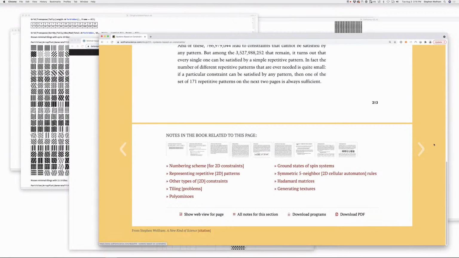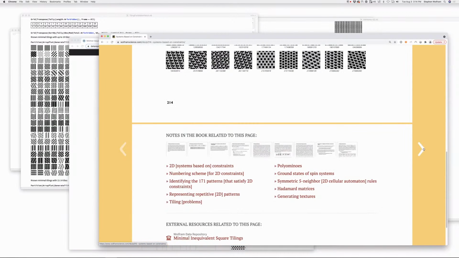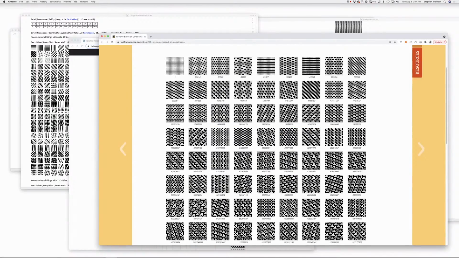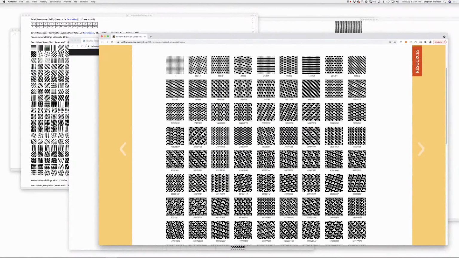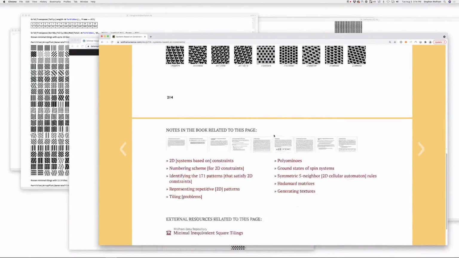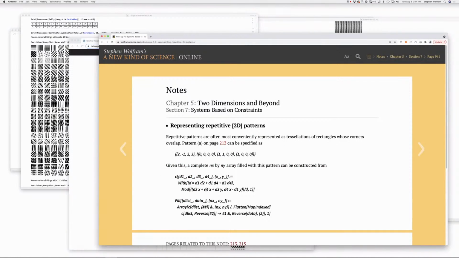On the next page. There we go. So there are the 171 minimal tilings representing repetitive 2D patterns. How about that? Oh, look at that. Those are our numbers there. Yes. Okay.